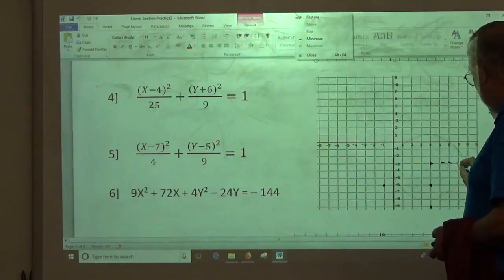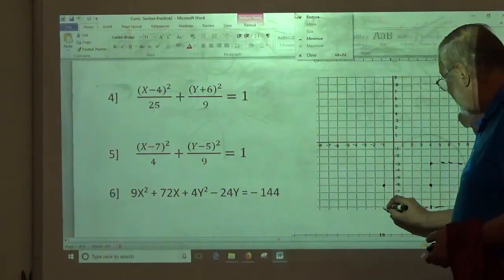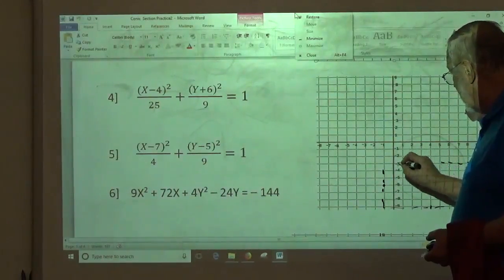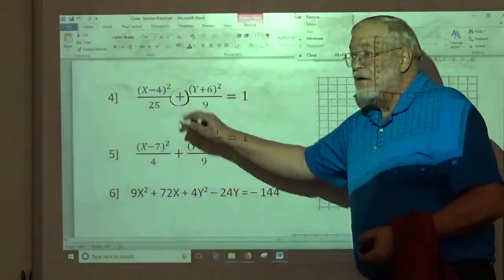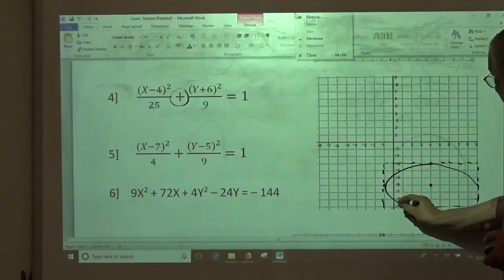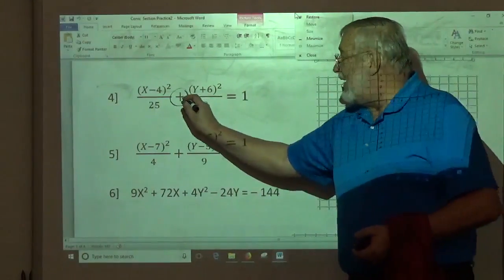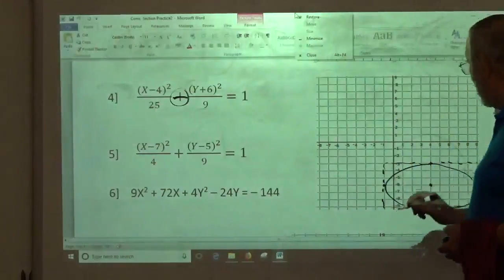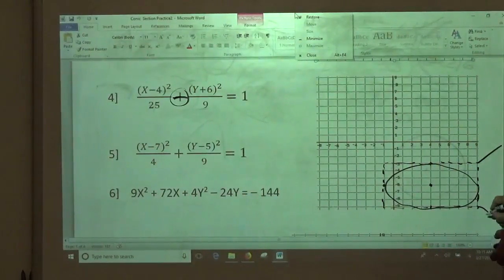All right, and that makes this box, because this is positive. All right, because this is positive, I'll put the ellipse inside the box. If this were negative, I'd have a hyperbola, and I would take my diagonals this way and this way.